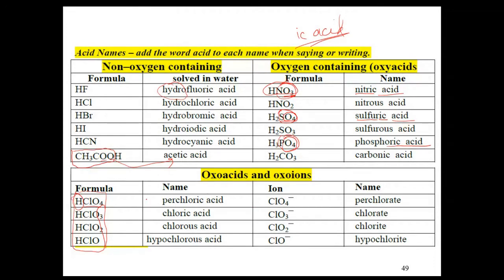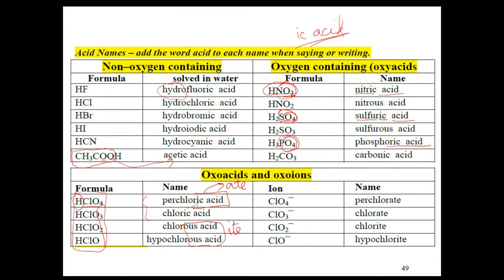It's very simple. If you remember these, perchloric acid, chloric acid, chlorous acid, hypochlorous acid, it is very simple. Change ic to ate, and ous acid to ite.